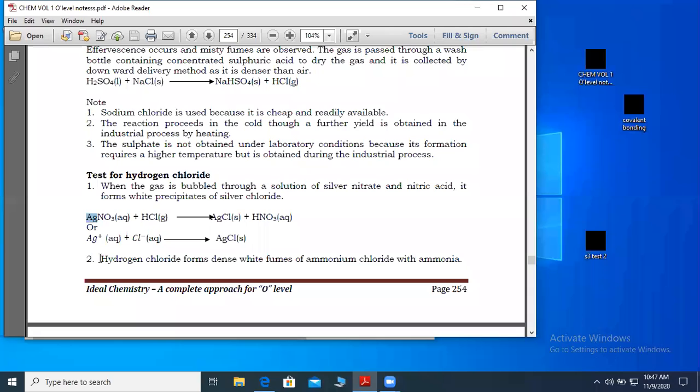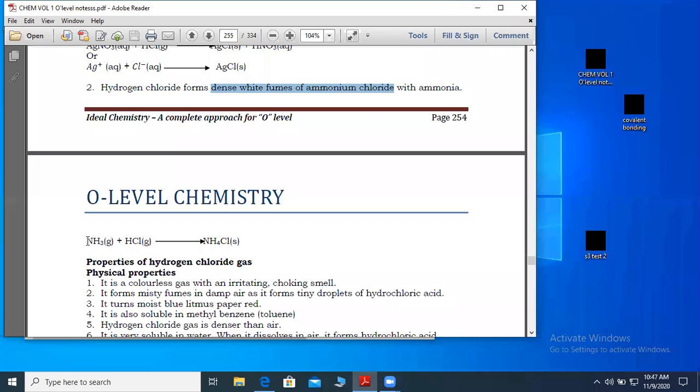So hydrogen chloride gas also forms dense white fumes with ammonia gas. And the dense white fumes are of ammonium chloride. So hydrogen chloride forms dense white fumes with ammonia gas, and this is the equation.